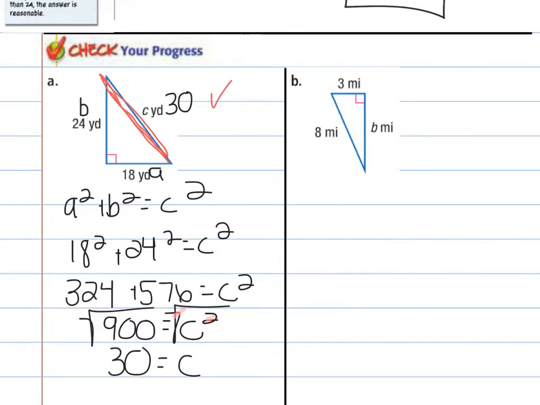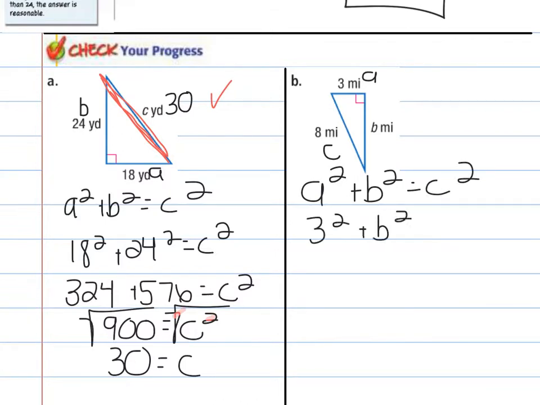Looking at B, we have 3 miles as the leg a, b is our unknown, and c is 8 miles. So, plugging this into our Pythagorean theorem, a squared plus b squared equals c squared, I'm going to have 3 squared plus b squared equals 8 squared.